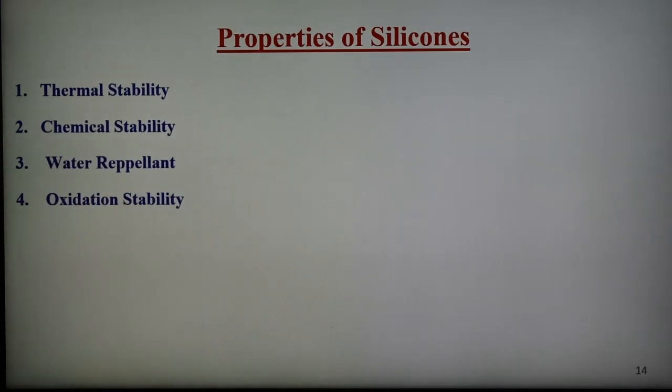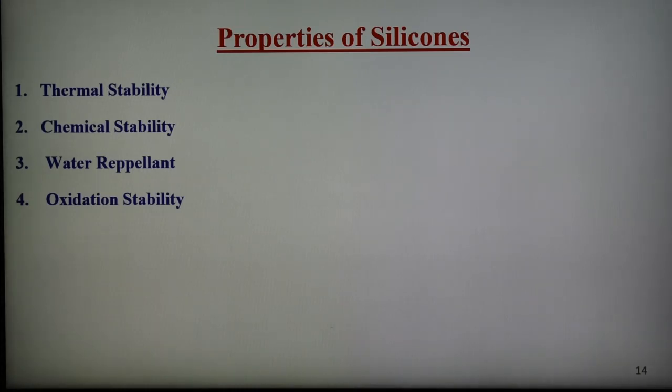And there are some important properties of silicon. Four important properties are there: thermal stability, chemical stability, water repellency, and oxidation stability. In case of thermal stability, the most outstanding property of silicon is its thermal stability. In general, polymers can be heated in air to about 200 degrees Celsius without appreciable change in properties.